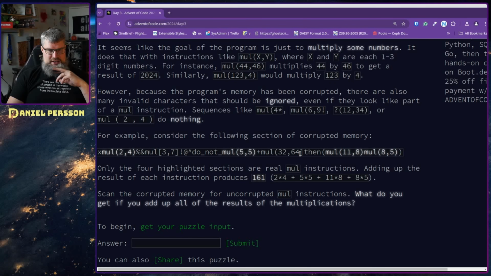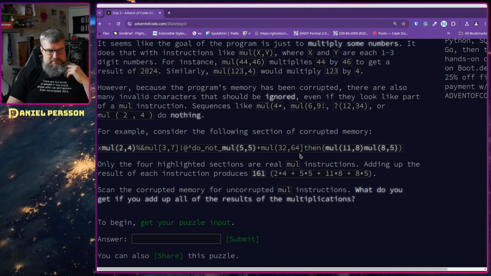For example, consider the following section of corrupted memory. Only the 4 highlighted sections are real multiplication instructions.